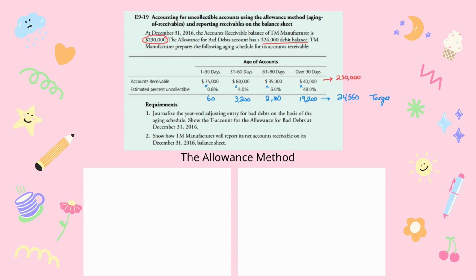Now let's read the requirements. Requirement number 1: journalize the year-end adjusting entry for bad debts on the basis of the aging schedule. Okay, so the entry will not change. The adjusting entry under the allowance method is bad debt expense to allowance for bad debts.